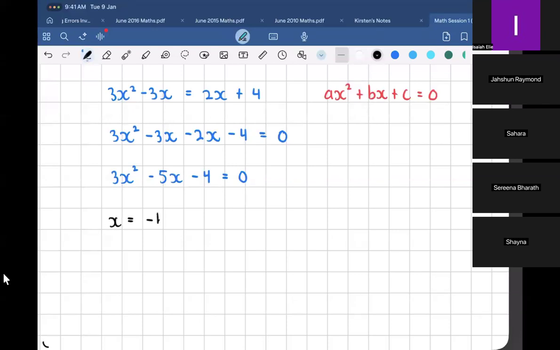Negative b plus or minus the square root of b squared minus 4ac, all over 2a. I swear I used the right equation, I just forgot where the letters were.